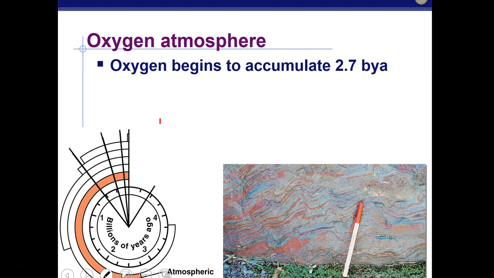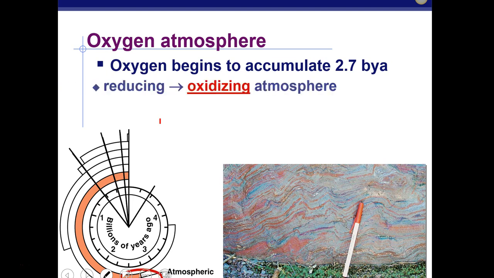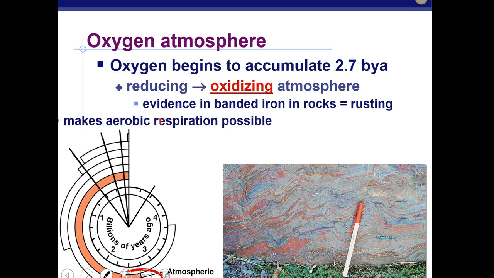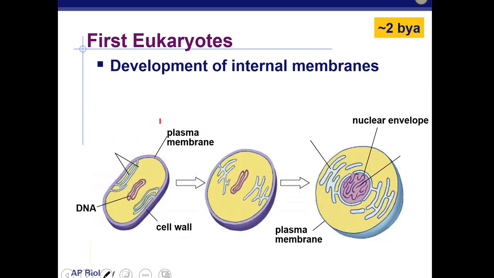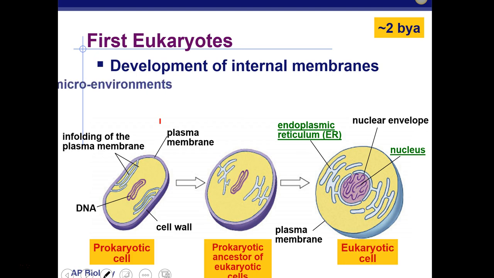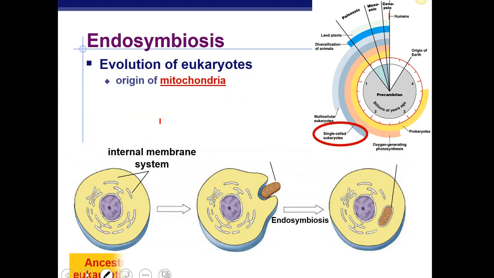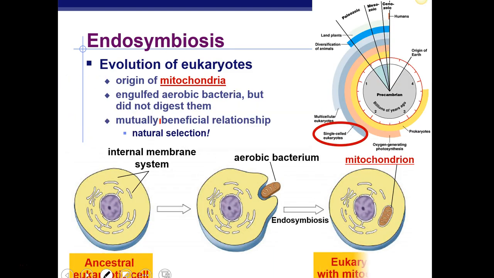And we can see that in the fossil record. The fossil record and the geographical, is that the right word, the rock layers also can support all of this. So come up with your questions.